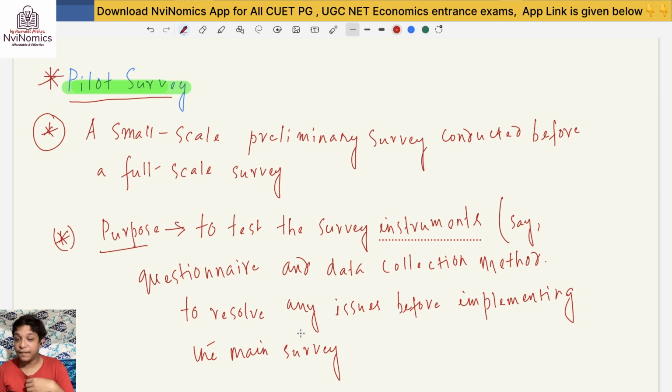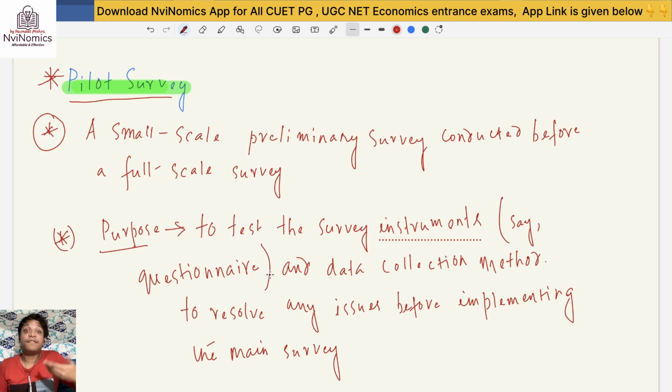I mean, in a nutshell, this pilot survey method is mainly used to test, as Priya has already said, the viability of the prepared questionnaire, whether it is viable or not, whether it is ethical or not, whether there is any offensive content, or whether the language of the questionnaire is a bit difficult to understand.